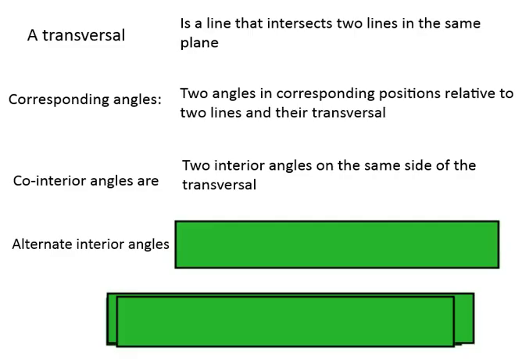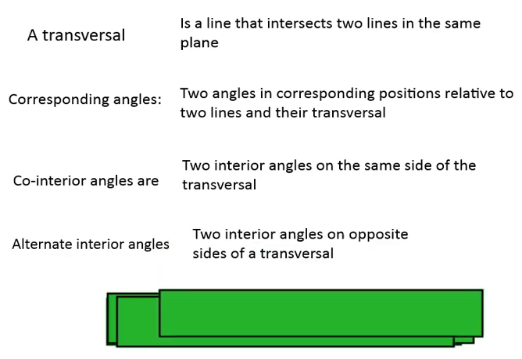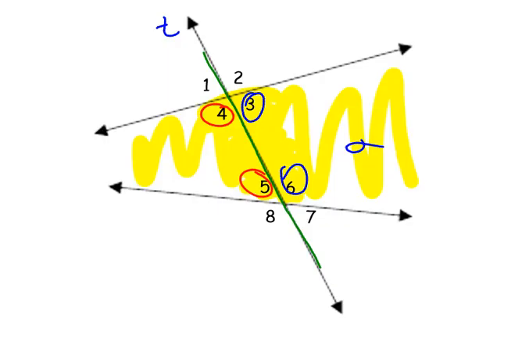Then our last type of angles we're going to have here is alternate interior, and they're going to be two interior angles on opposite sides of the transversal. They not only need to be on opposite sides as far as right and left go, they also need to be on opposite sides kind of top and bottom. I'll show you what that is. So the picture that goes with that one, oops, not that.